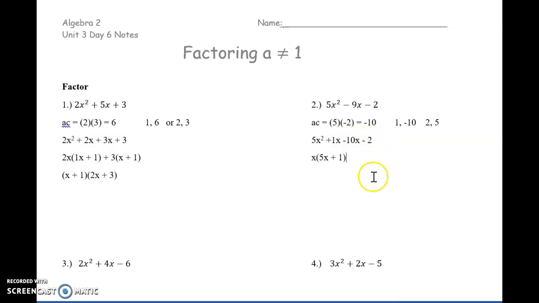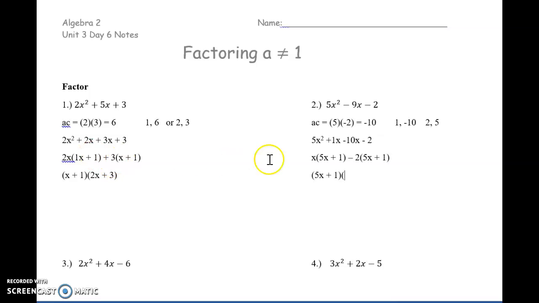Okay, and if I look at these, I've got positive and positive, and here I've got negative and negative. I need them to match, so when I factor out the GCF here, it's going to have to be a negative 2, not a positive 2, because I need to be able to change the signs. Negative 10 divided by negative 2 is positive 5x, and negative 2 divided by negative 2, positive 1. Okay, well, what I have in the parentheses is the same. That's what I was hoping for. So I'm going to put that here, 5x plus 1.